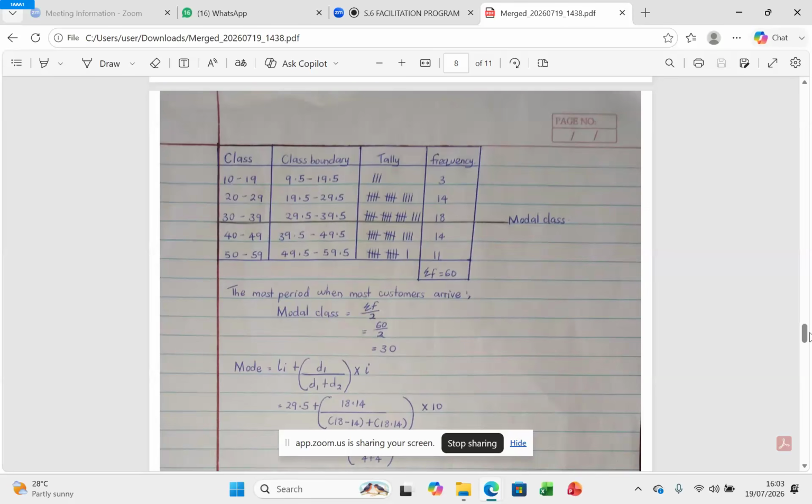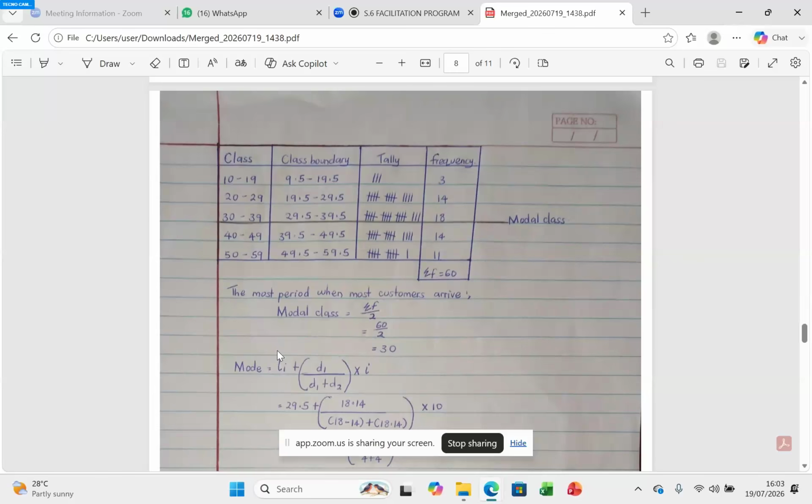D2 is the difference between the modal class frequency and the frequency after it, times I, the interval between the class boundaries. Since you already have the information needed to calculate this mode, you just need to substitute in. For example, Li is 20, and we used an interval of 10.